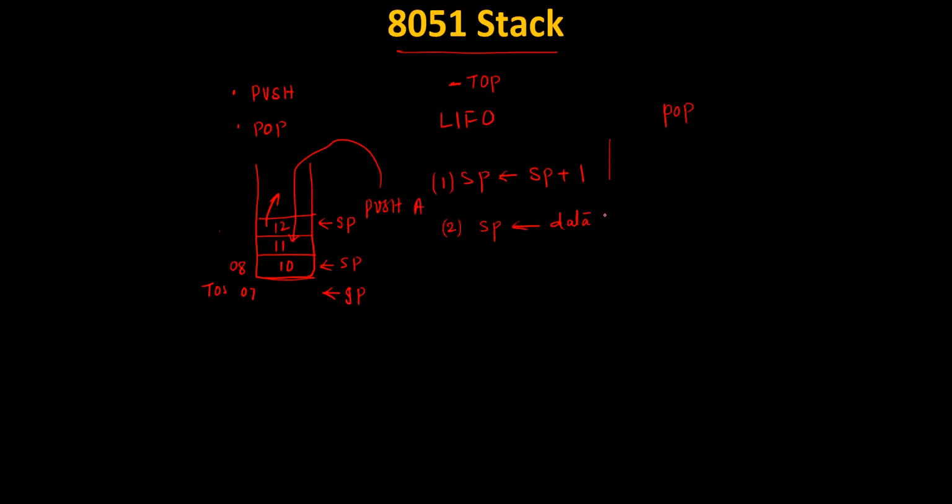The first operation of the pop instruction is that the data from the stack is taken into, say, pop A. So that data comes into the accumulator from the stack. Now 12 comes into the accumulator. Next we need to reduce the stack pointer to point to the next data. So the stack pointer is decremented by 1.